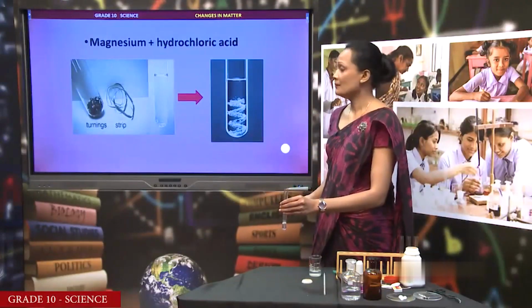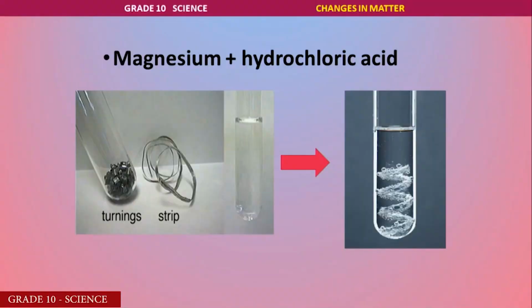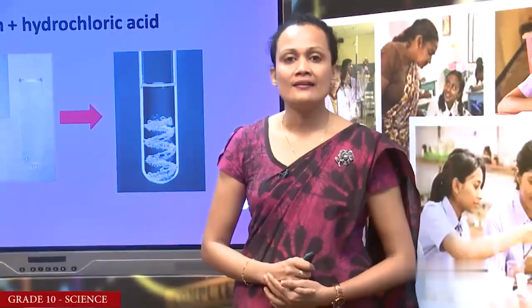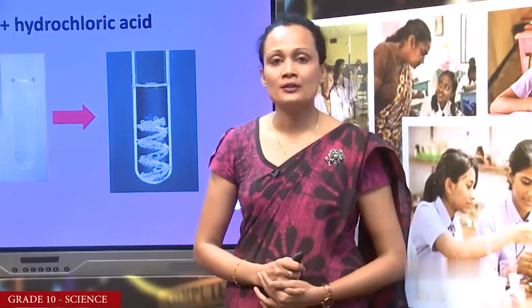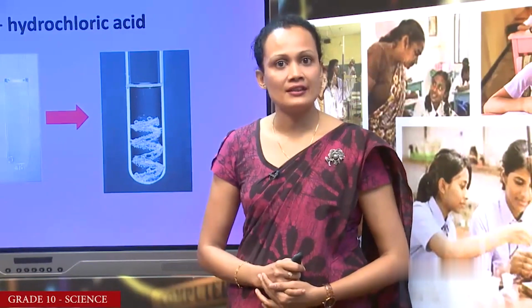If we take a magnesium strip and put it into hydrochloric acid or any other acid, at that time the magnesium reacts with the acid and evolves a gas. Okay, I think you understand something from the activities that we did.